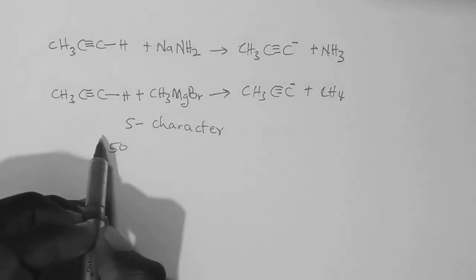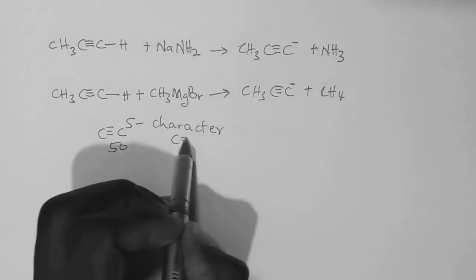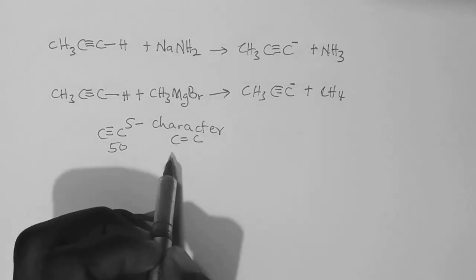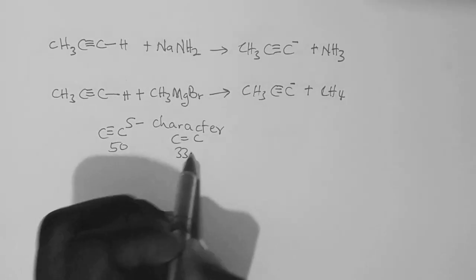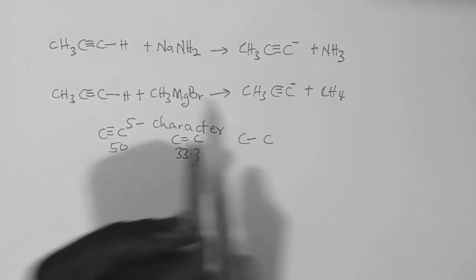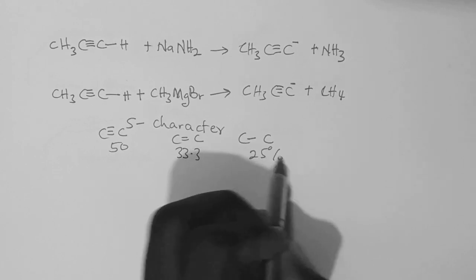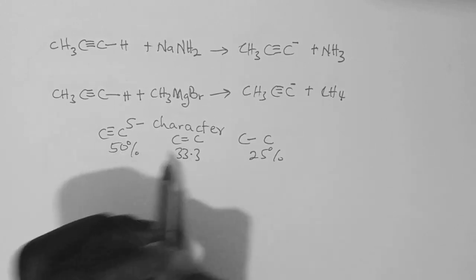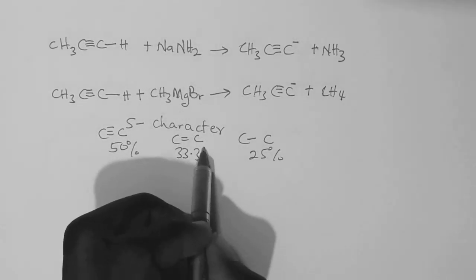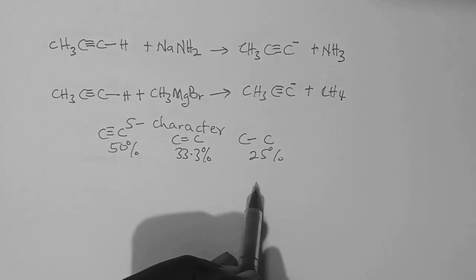In alkenes, with the carbon double bond, the s character is 33.3%. And in alkanes, the s character is 25%.